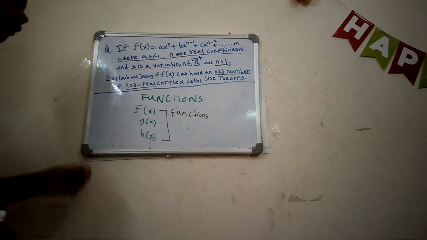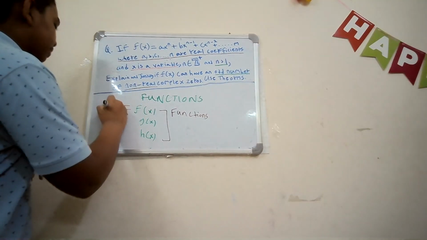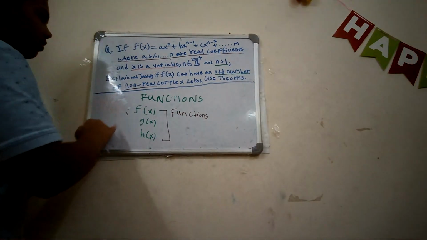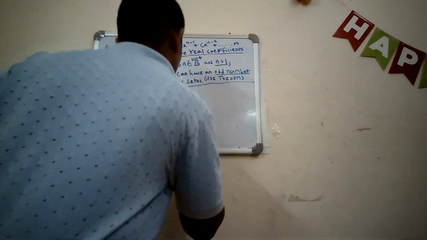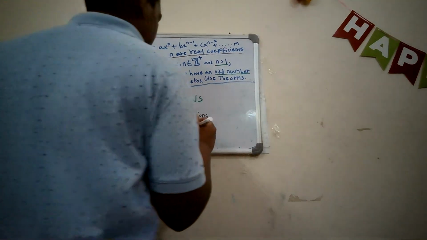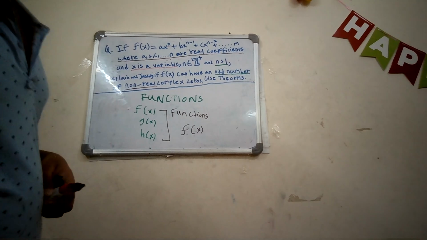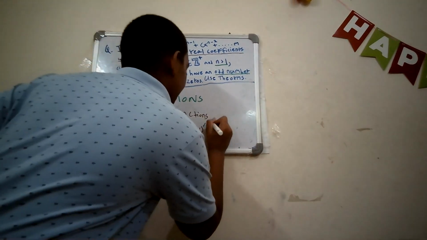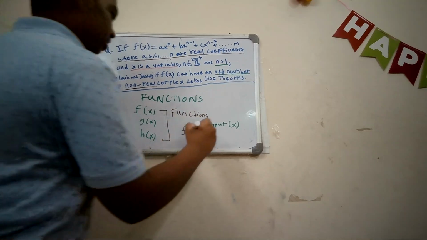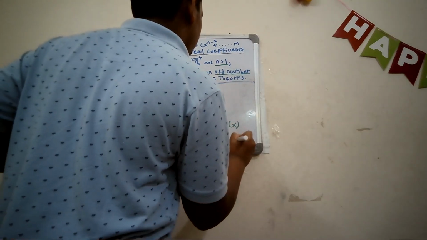Also, f of x does not mean f times x. In f of x, f is the function and x is the input. Suppose we get something like 5. This is the output.